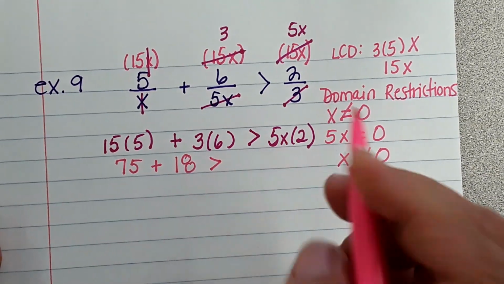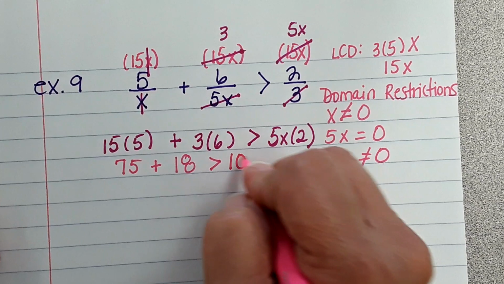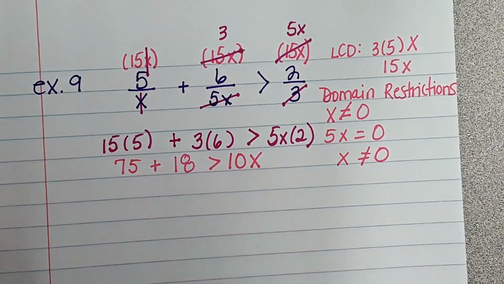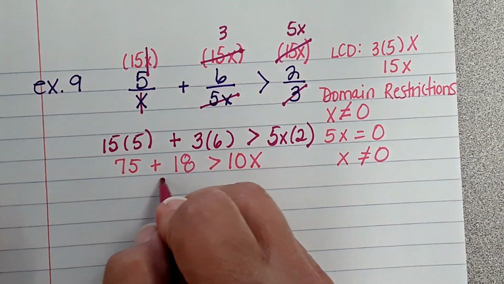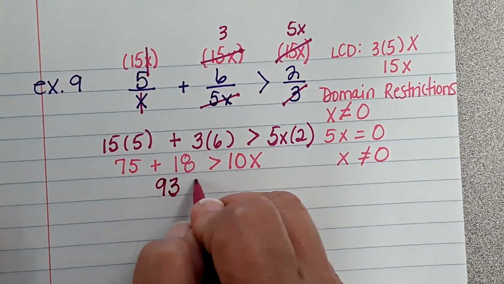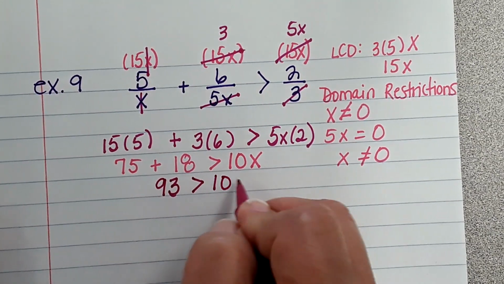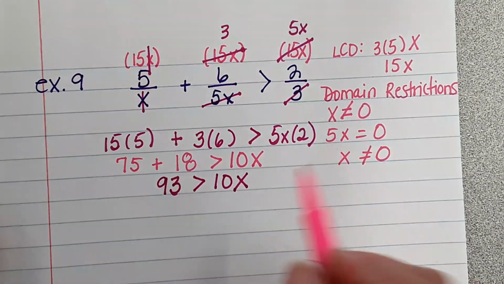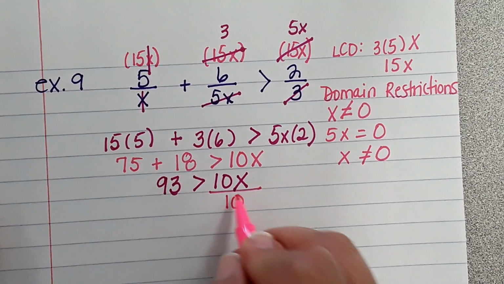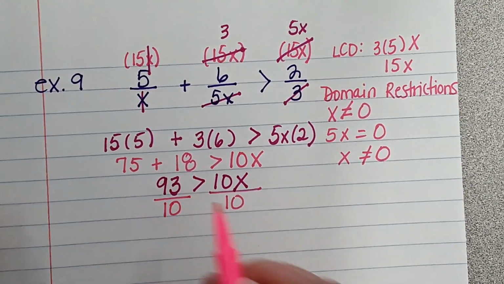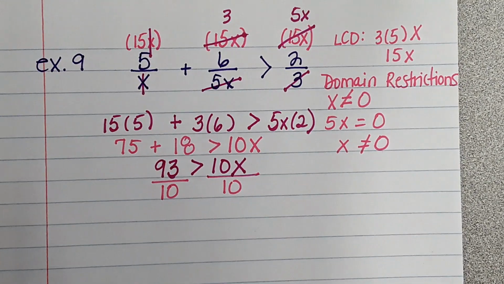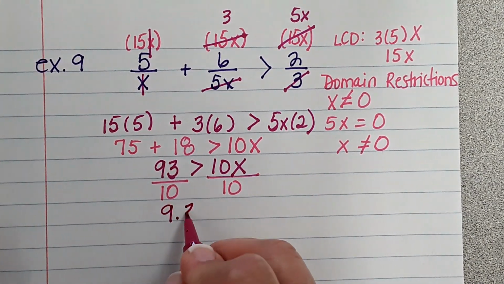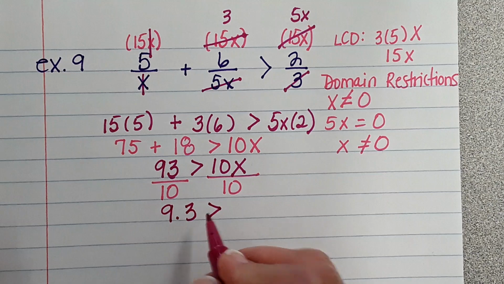And 5x times 2? 75 plus 18. And then what are we going to do? Divide by 10. And we get 9.3 is greater than x.